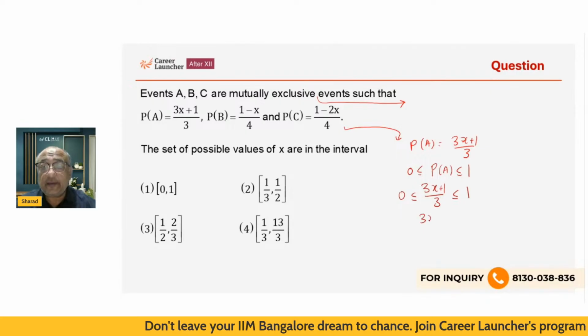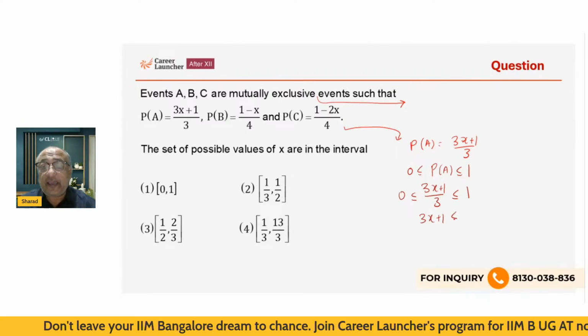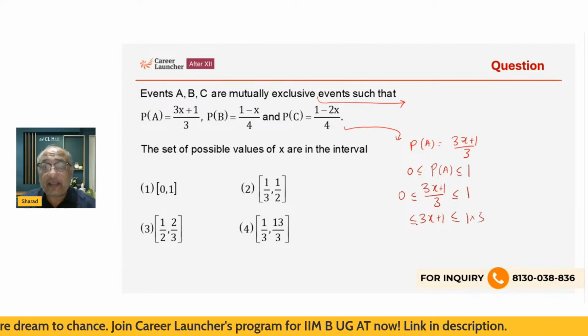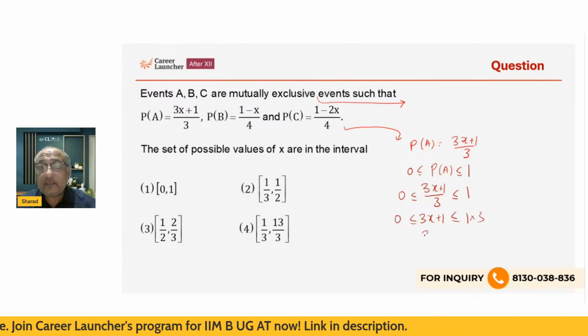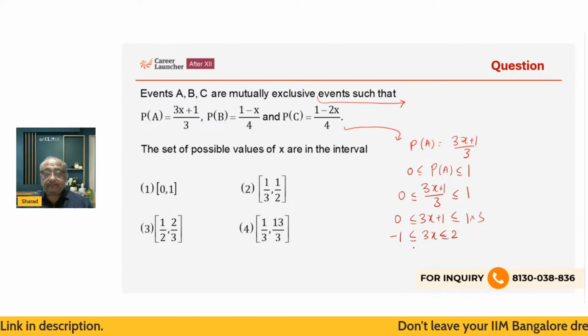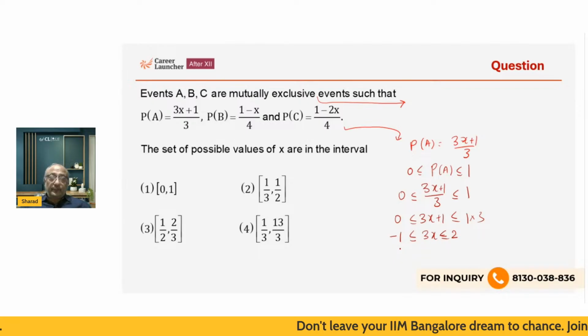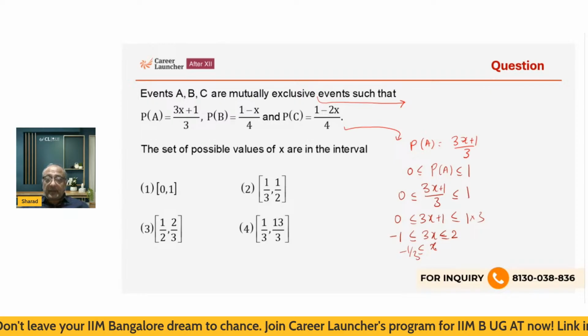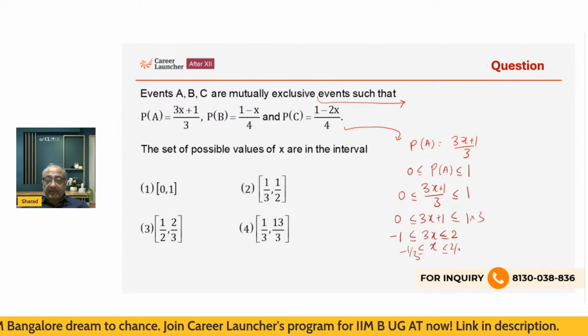So here, what will happen? The 3x plus 1 is between 0 and 1 into 3. Right. So this will become 3x is between minus 1 and 2. Understood, all of you? Right. So now x will be between minus 1 by 3 and 2 by 3.